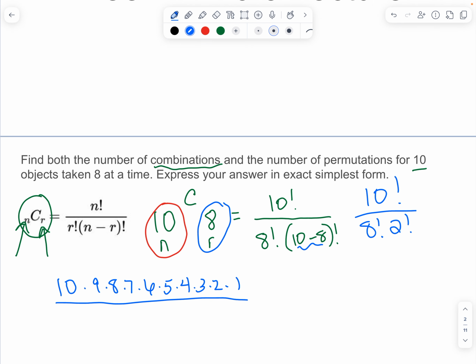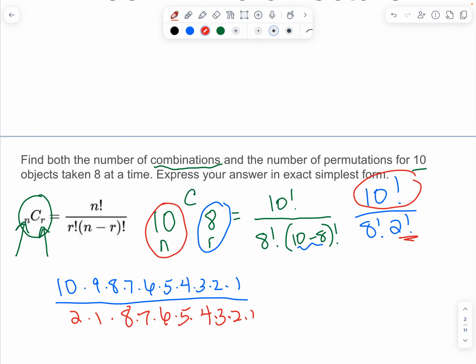That is 10 factorial. Down on the bottom, we have 2 times 1, that's 2 factorial, times 8 times 7 times 6 times 5 times 4 times 3 times 2 times 1.